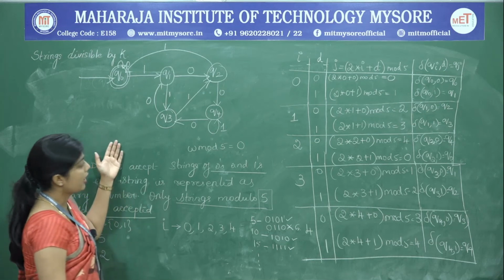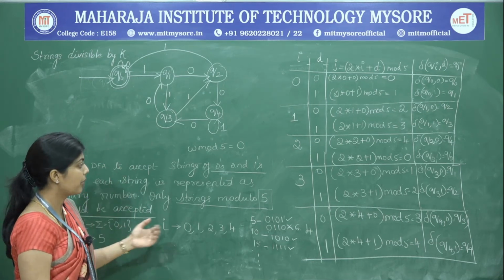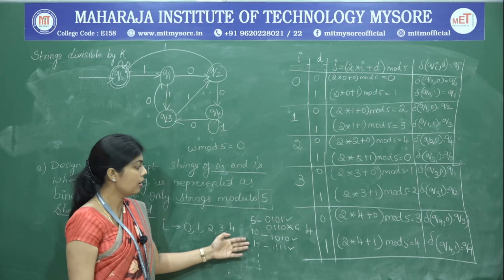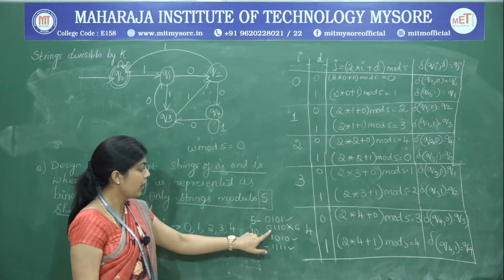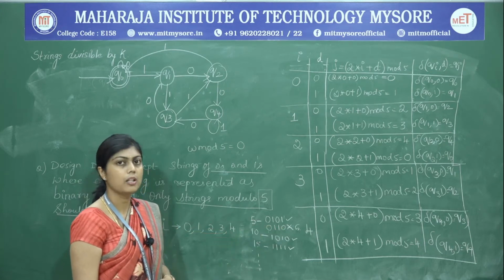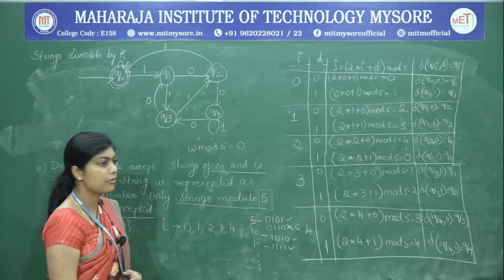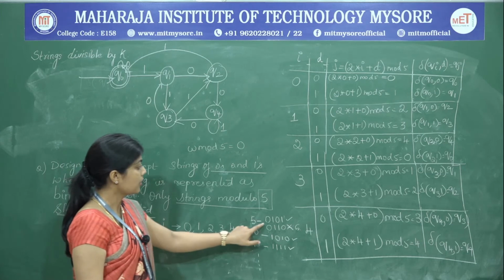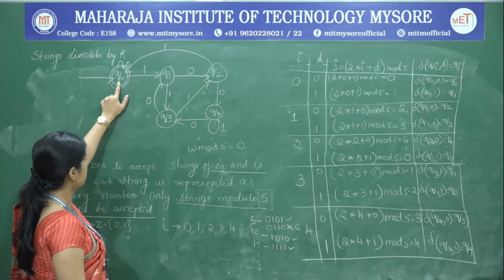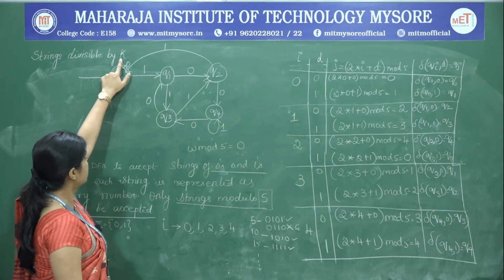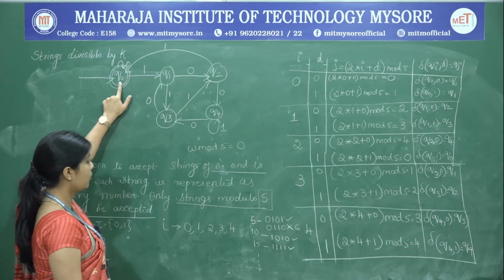Next, we have to verify this DFA. We'll pick up the strings that we have already framed here. 0101 has to be accepted, and 0110 has to be rejected. We'll see if the DFA is able to do it. First we have 0101. We start from the start state Q0 and follow the 0 transition, so we are there at Q0.